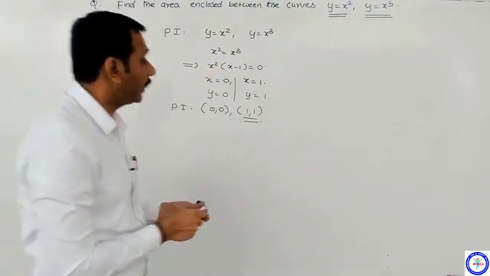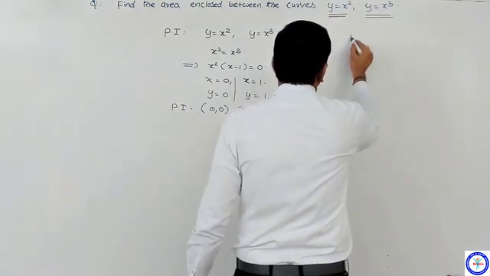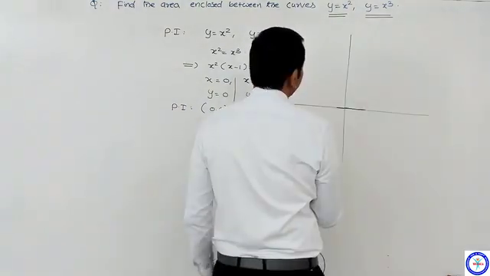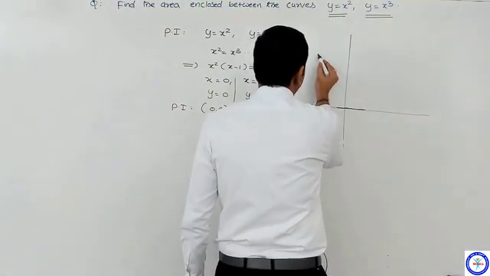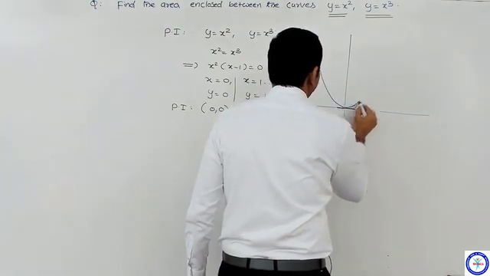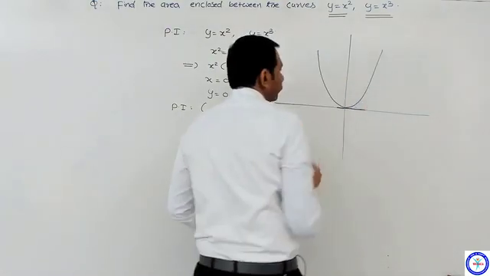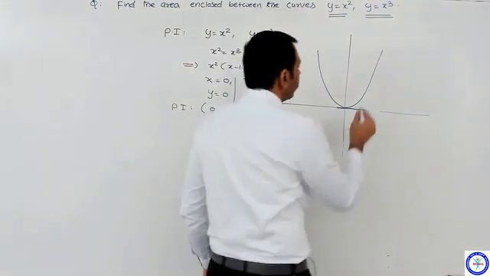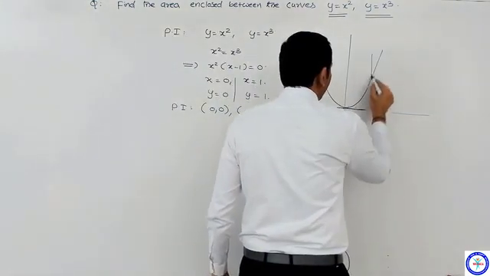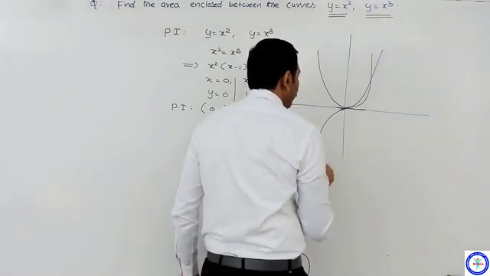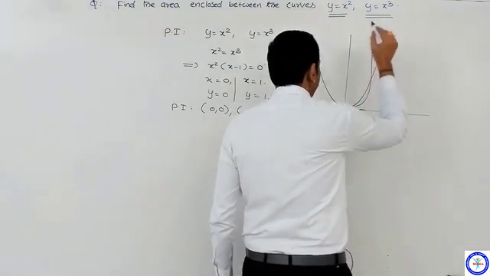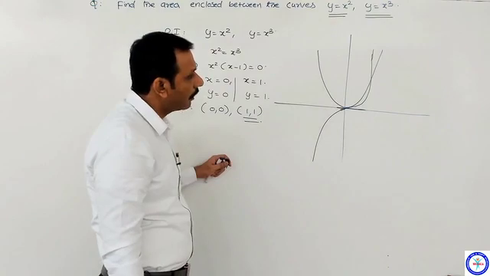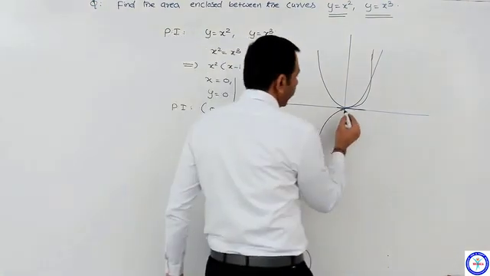Now, let us draw the graphs. Y equal to x square: yes, it is a parabola opening upwards. Now the other one, y equal to x cube. Y equal to x cube means it is a cubic equation. It will be like this. What are the intersection points?